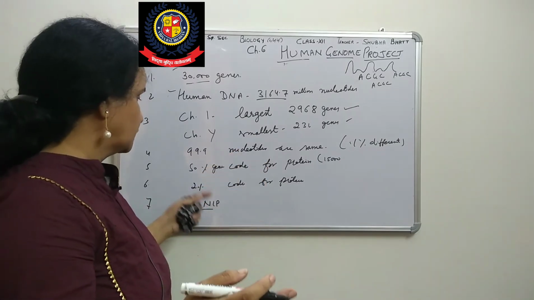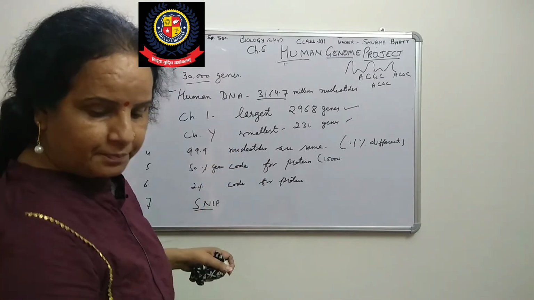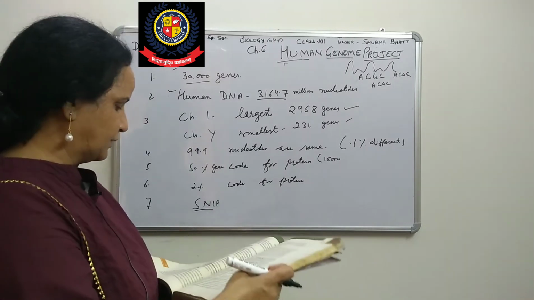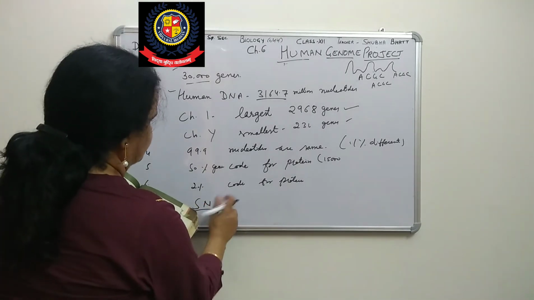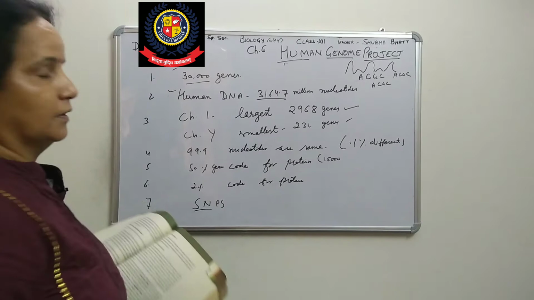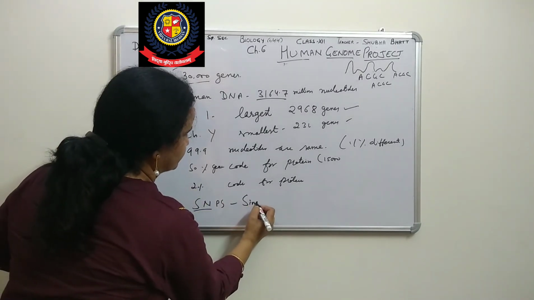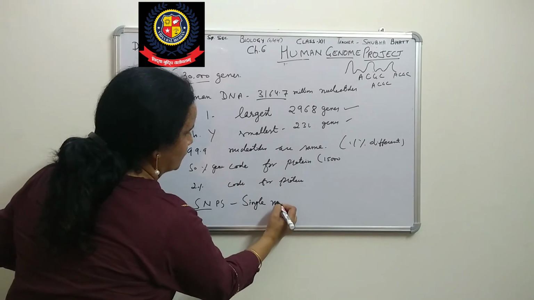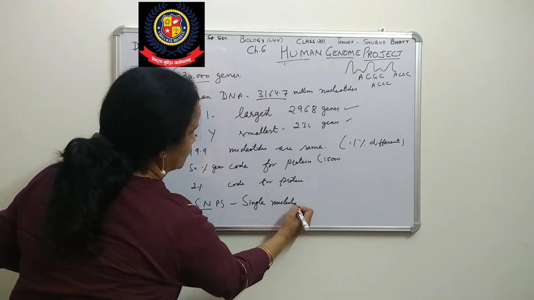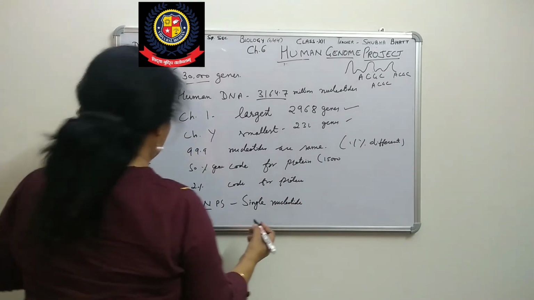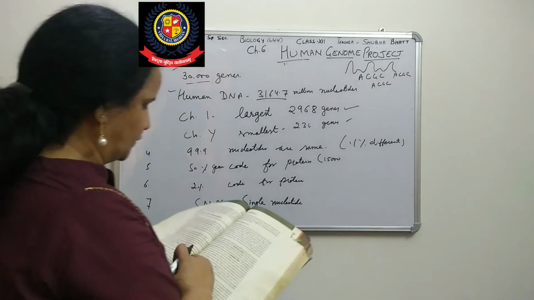So what is it? SNP, or SNPs. S is for single, N for nucleotide, P for polymorphism.